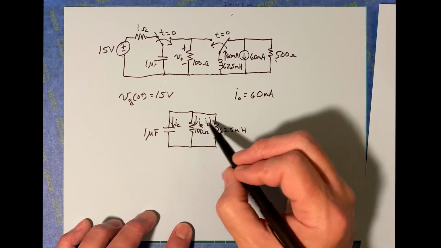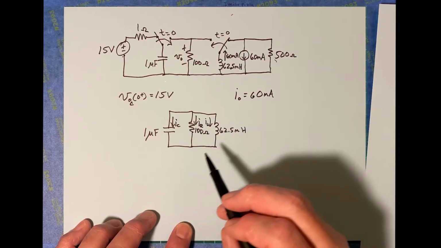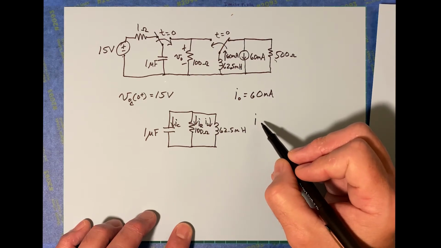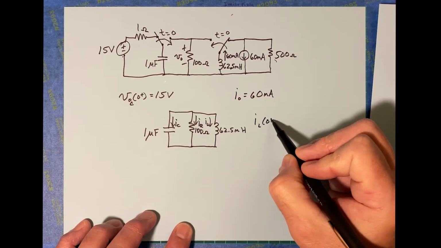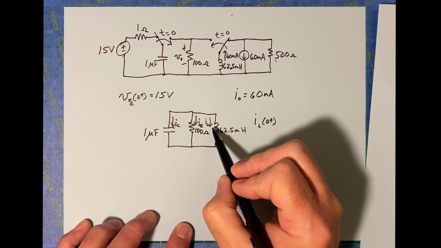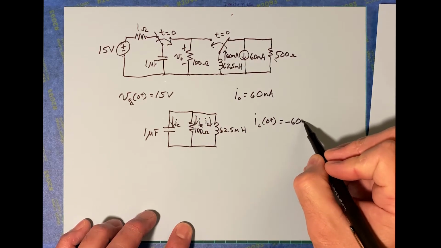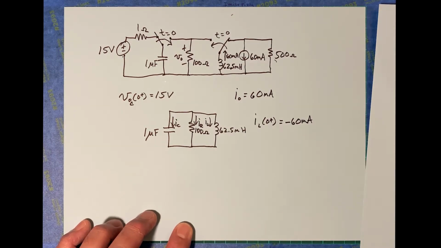So if we're going to stick to what we've been talking about all of this time, then we need to realize that I sub L at 0 plus is going to be negative 60 milliamps, because we drew it upwards like that.